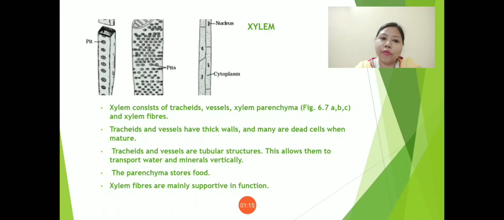Tracheids and vessels have thick walls and many are dead cells when they are mature. Tracheids and vessels are tubular in structure, and this allows them to conduct the water and the minerals vertically. The xylem parenchyma usually stores food, and the xylem fibers are mainly supportive in nature.